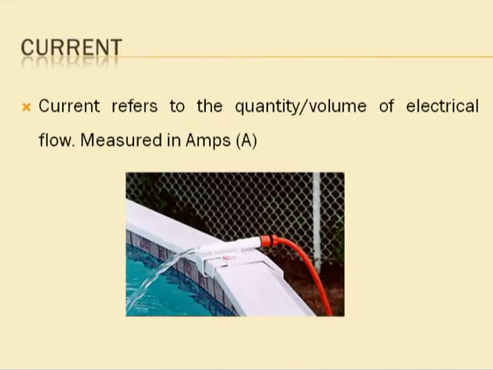Similarly, what is current? Current refers to the quantity per volume of electrical flow that is measured in amperes. Again here we have an analogy. From the figure, the measured quantity is the flow of water. In electrical engineering, the current refers to the quantity per volume of the electrical flow.